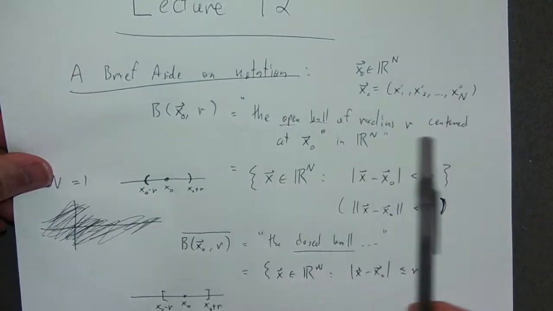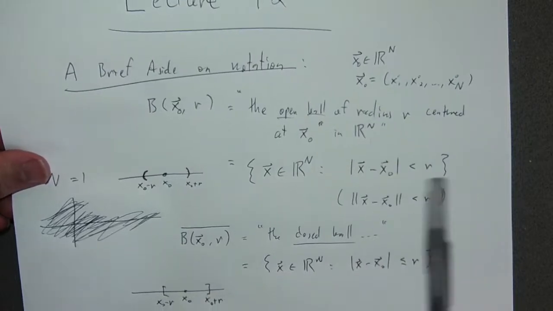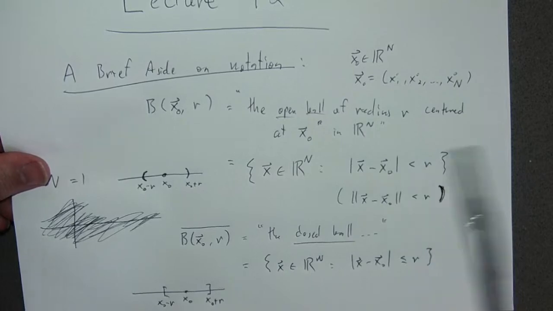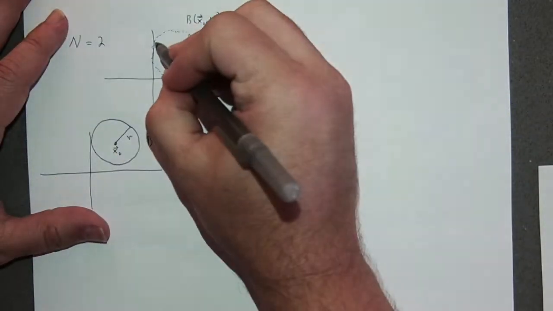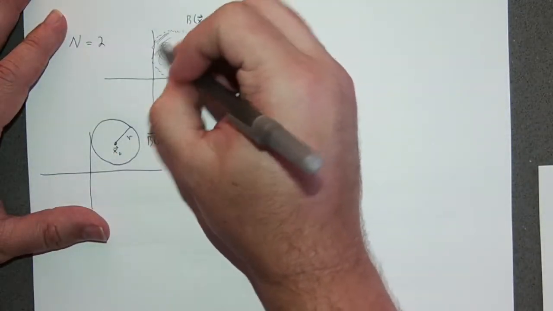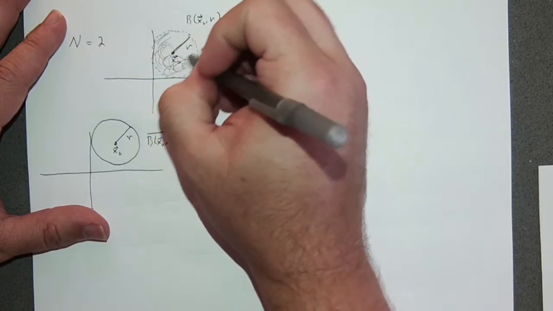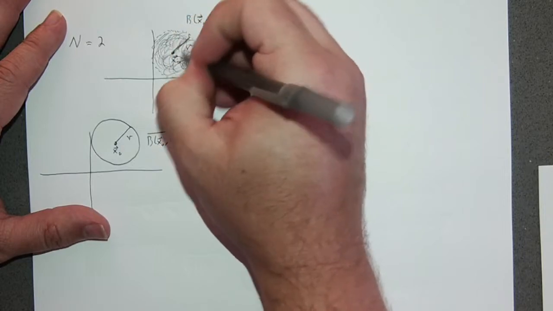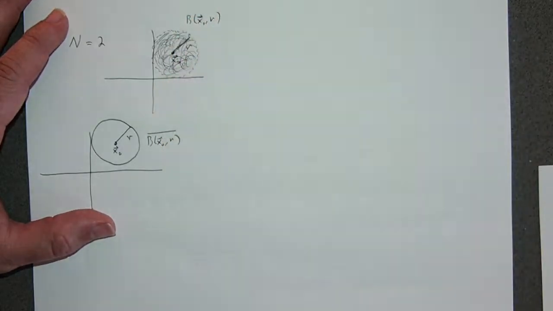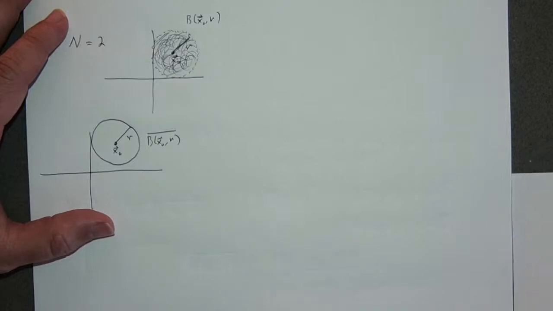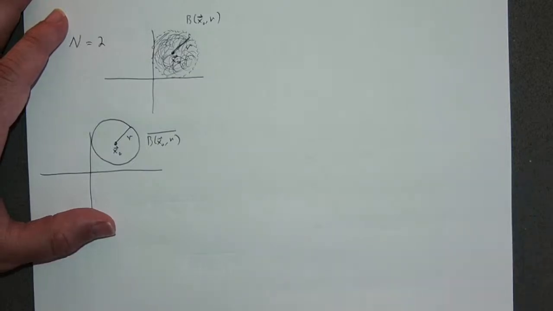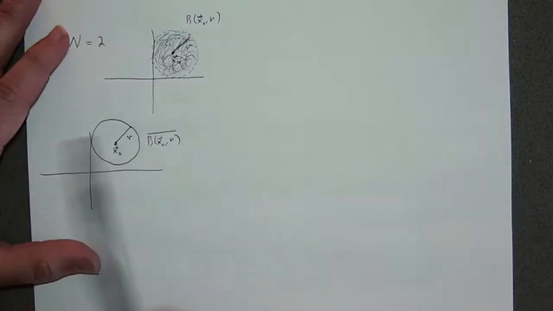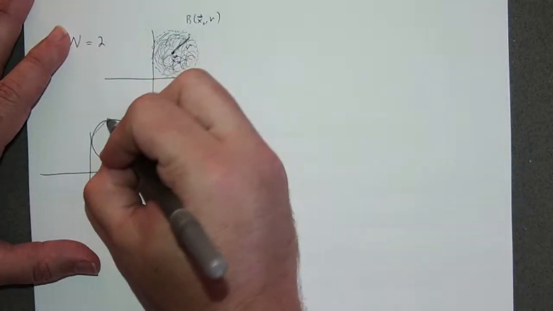In the open ball, it's all points that have distance strictly less than r from x naught. So all of these points here are included, but the boundary is not. This boundary circle is excluded. That's a dashed line, right? But here, what's included? Well, everything including the boundary.